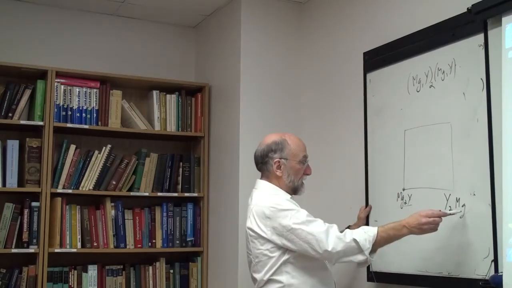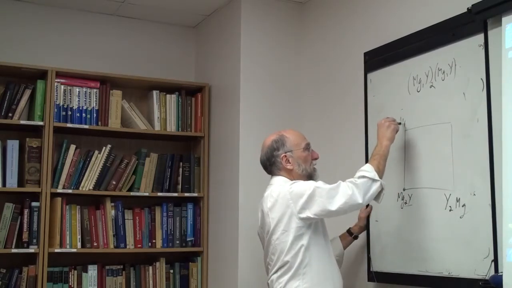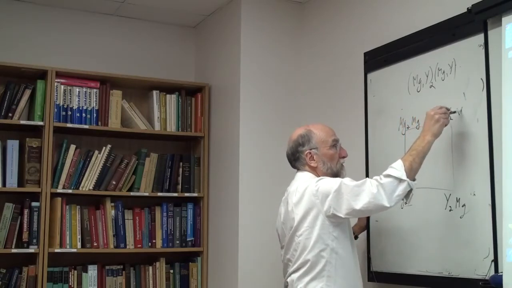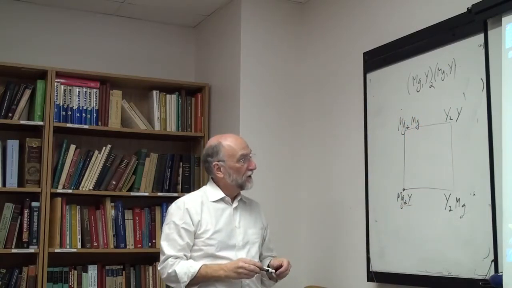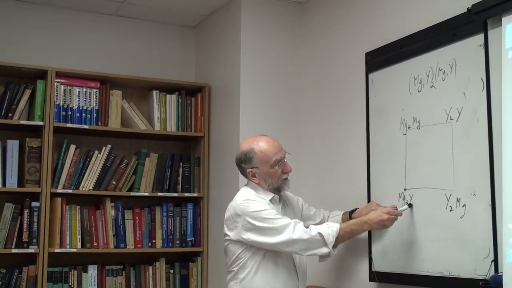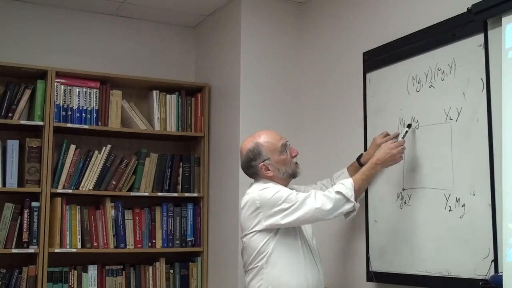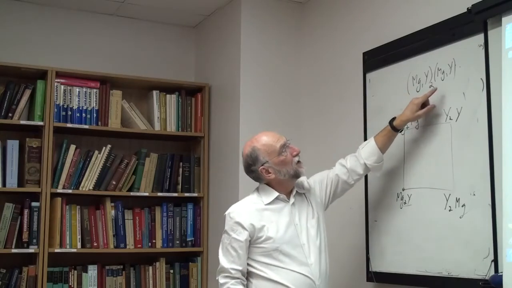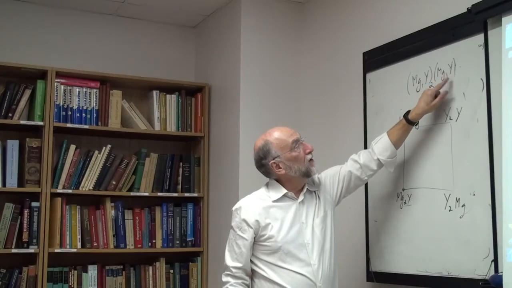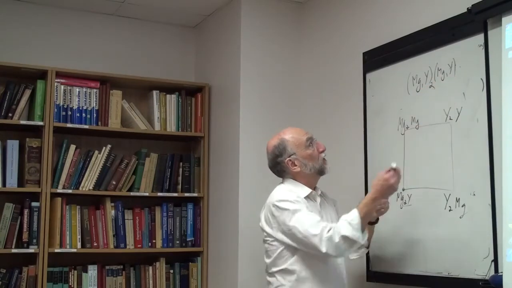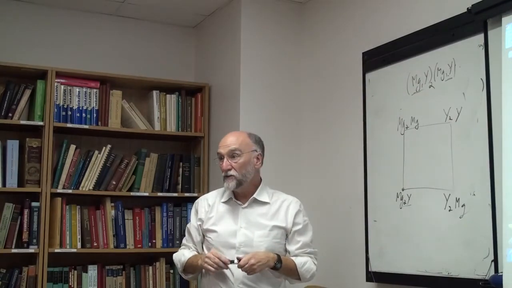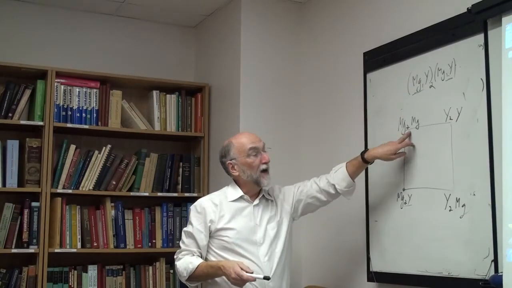This would be Y2Mg, this would be Mg2Mg, and this would be Y2Y. So you have 4 end members. Your main end member is Mg2Y. Then you would have an end member Mg2Mg. Mg2Mg means that all the sites on this lattice, which are normally occupied by yttrium, are now occupied by magnesium. So this is your hypothetical end member.